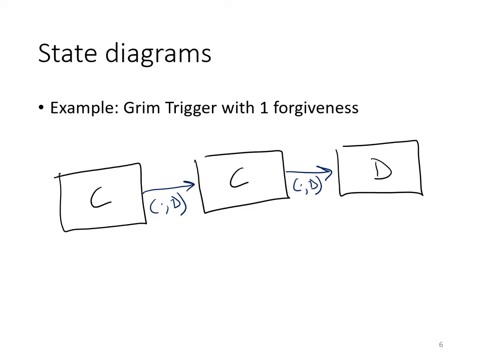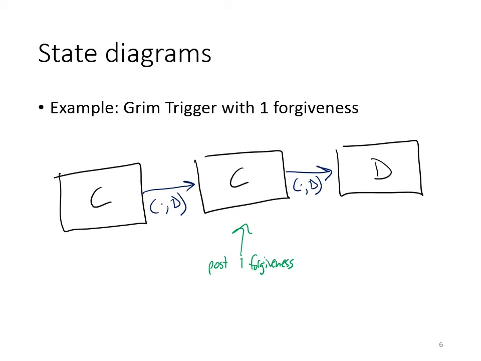So, you could sort of have somebody sitting here. This is the post one forgiveness box. Like that's I've given my one chance. You don't get to screw up again type version of this, right? And so that would be the Grim Trigger with one forgiveness.